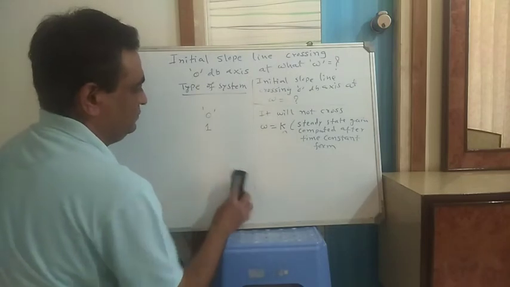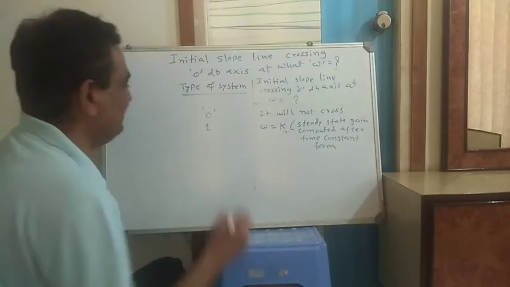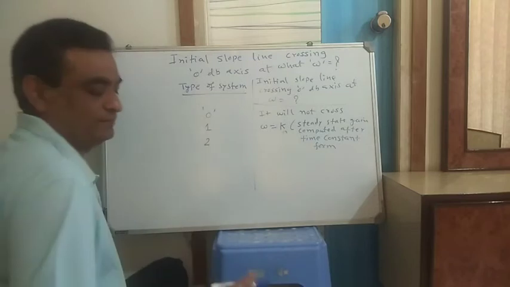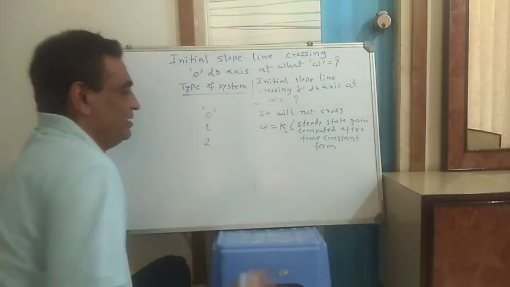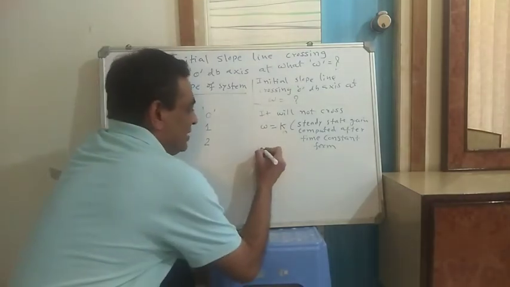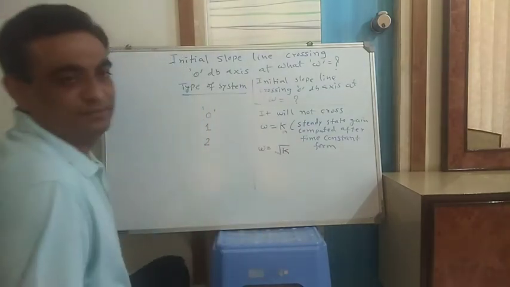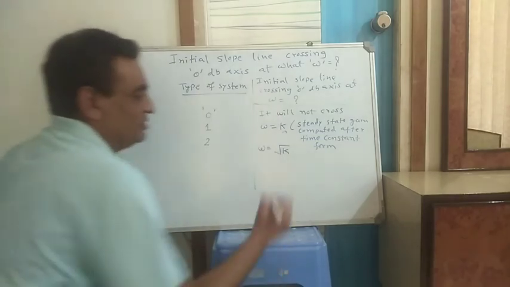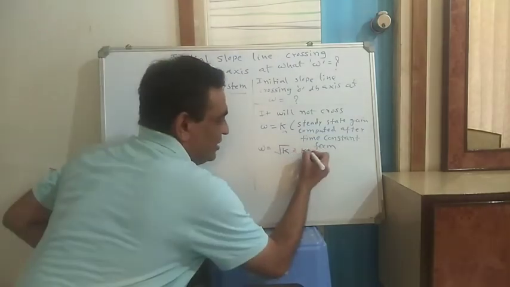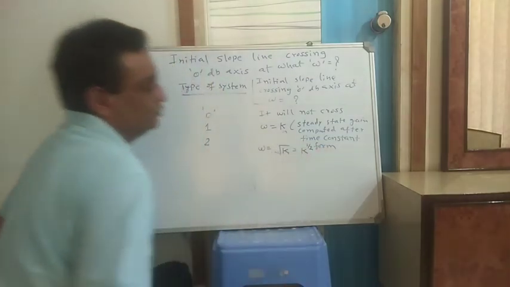Now, if let's say it is a type 2 system, then it will cross the 0 dB line at omega equal to root of K, or you can say K raised to 1 by 2.